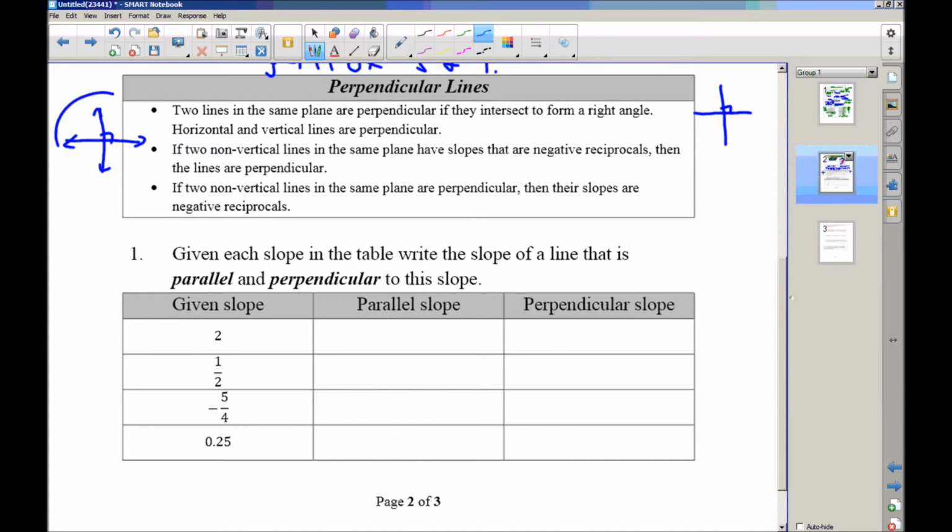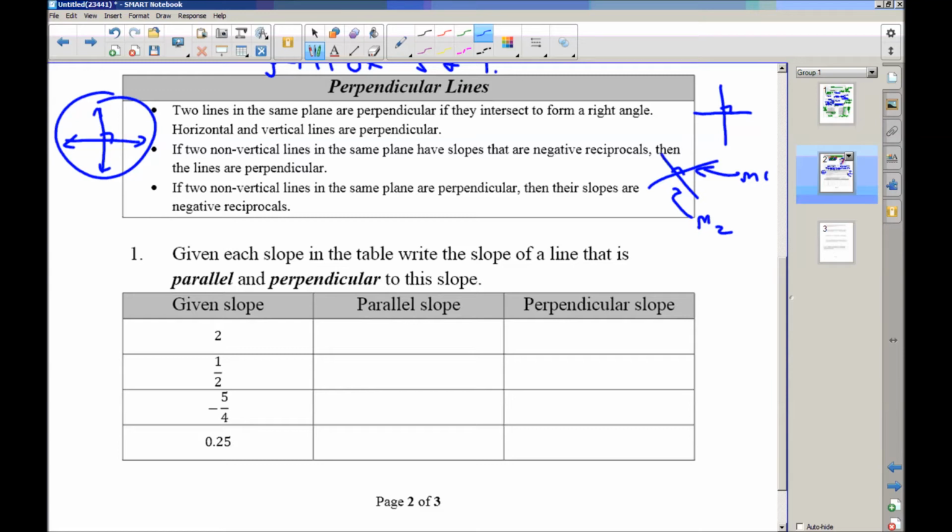So ignoring this special one, any other ones, these two slopes are going to be perpendicular if they are negative reciprocals. And we'll talk about what that means in just a minute. So if two non-vertical lines in the same plane are perpendicular, then of course the reverse is also true. They're going to have negative reciprocals for their slopes.